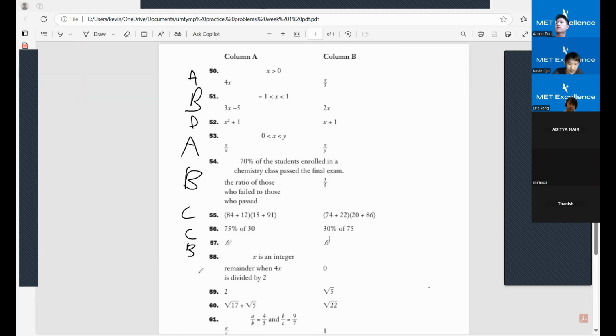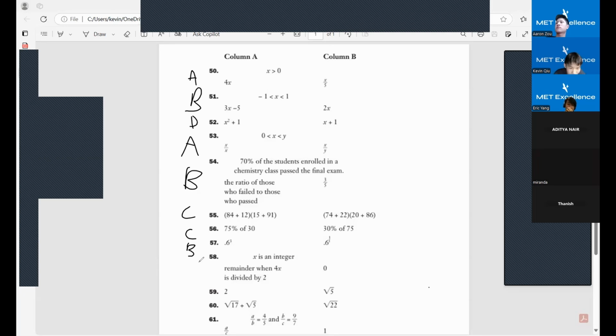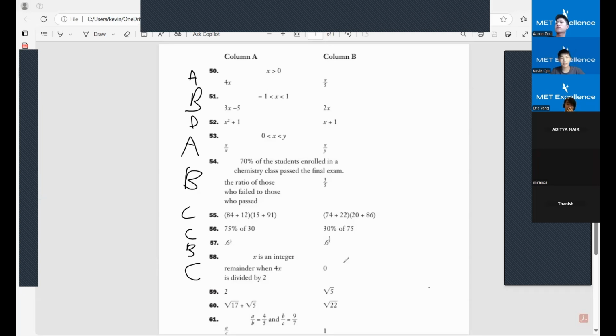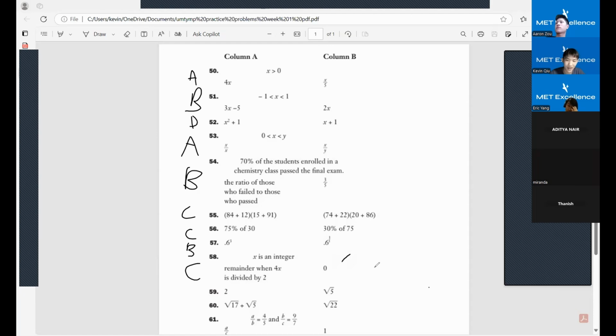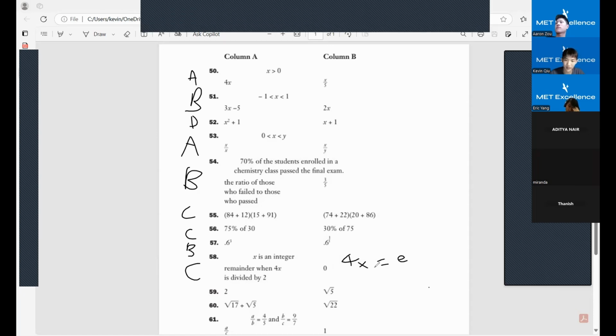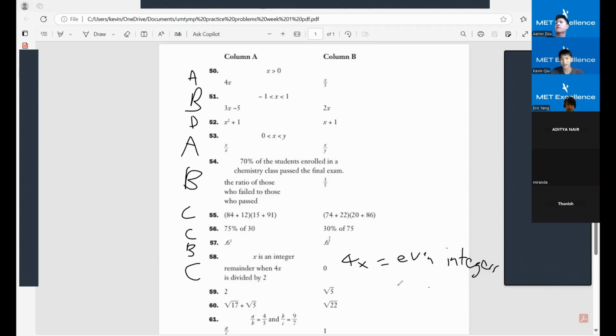The correct answer is C. Since x is an integer, we know that 4 times x has to be an even integer. And even integers, what's special about them? They divide evenly into 2. So 4x when divided by 2 will leave no remainder. So the remainder equals 0. And since the other column is just 0, we put C because the two quantities are equal.